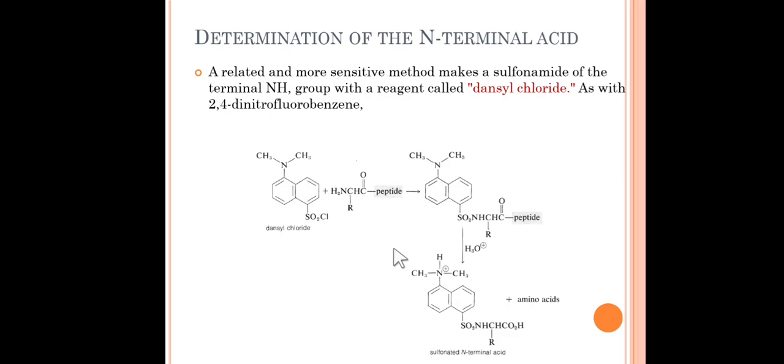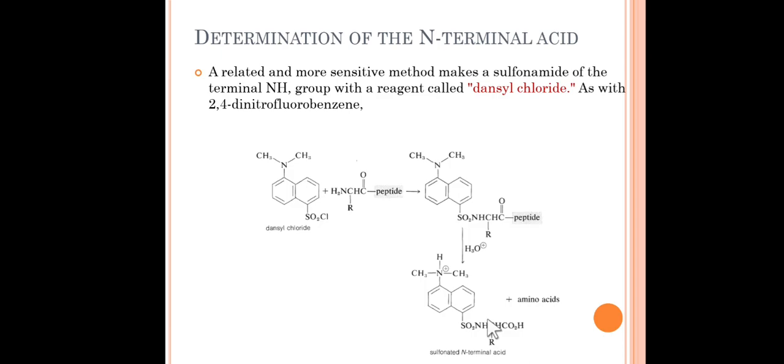Instead of using 2,4-dinitrofluorobenzene, we use dansyl chloride, which forms sulfonamides with this peptide unit. Again, similarly to the 2,4-dinitrophenyl derivative, this is hydrolyzed and we get the substituted N-terminal amino acid, and this is how we can determine which type of amino acid is attached as the N-terminal to that typical peptide sequence.